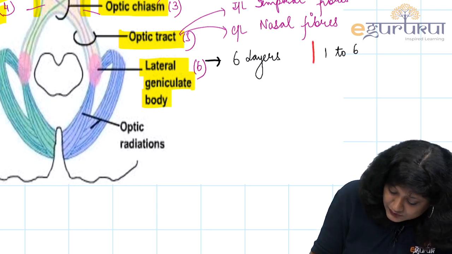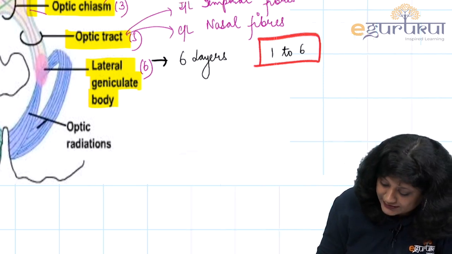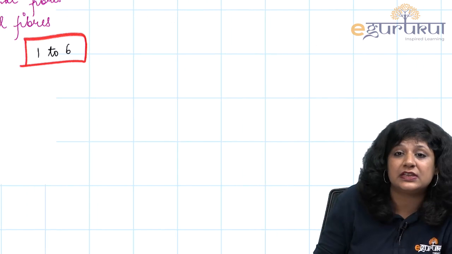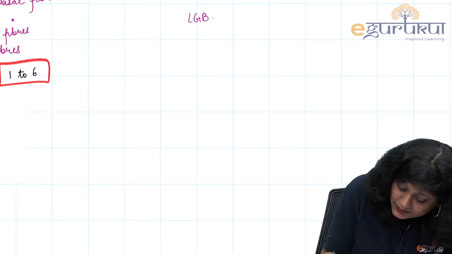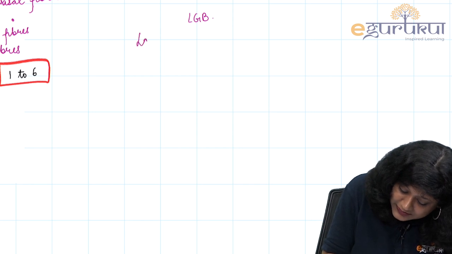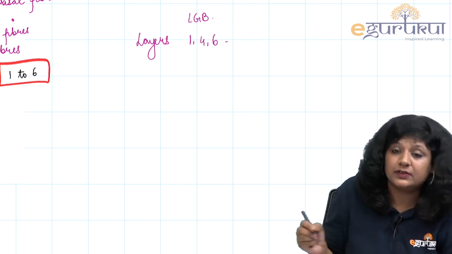Now many a times we get a question on these layers and the pathways which are formed by the lateral geniculate body. So let us try to see this. What happens here? In the lateral geniculate body, we have got the layers 1, 4 and 6, right?